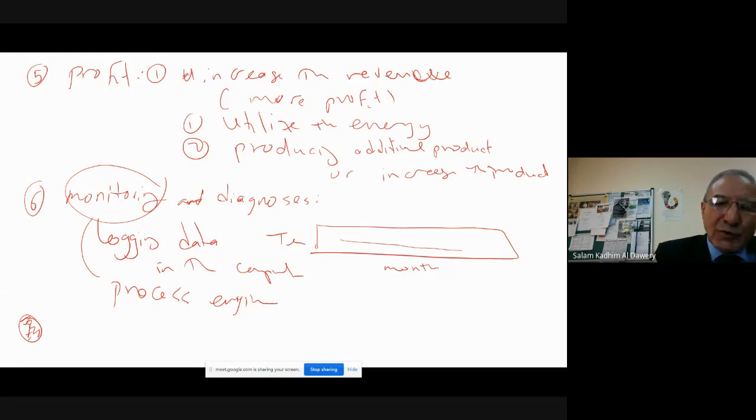Why do we use a control system? Now let us have an idea about the control. I'm going to place the control equipment or control devices on some equipment, so you will understand it.